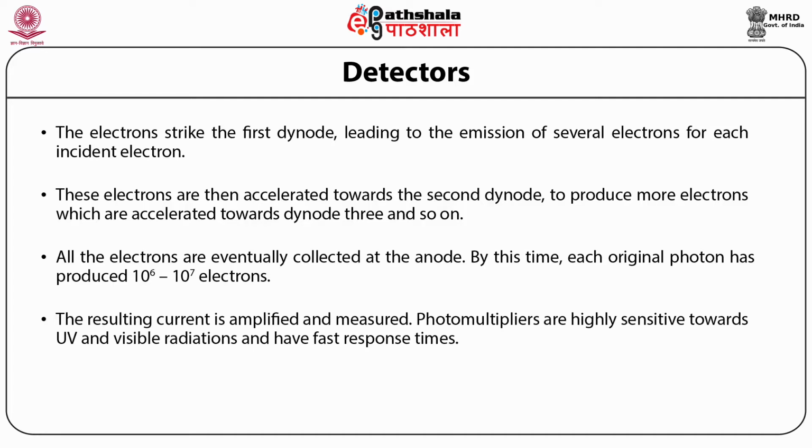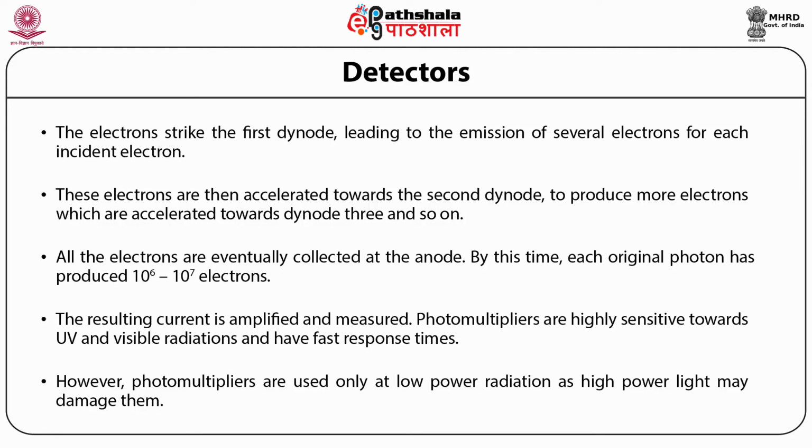So photomultipliers are highly sensitive towards UV and visible radiations and have fast response times. However, photomultipliers are used only at low power radiation, as high power light may damage them.